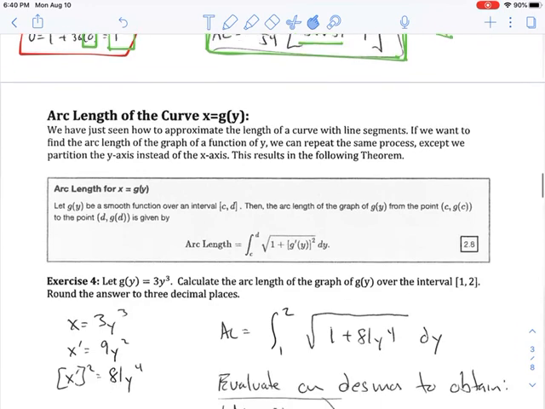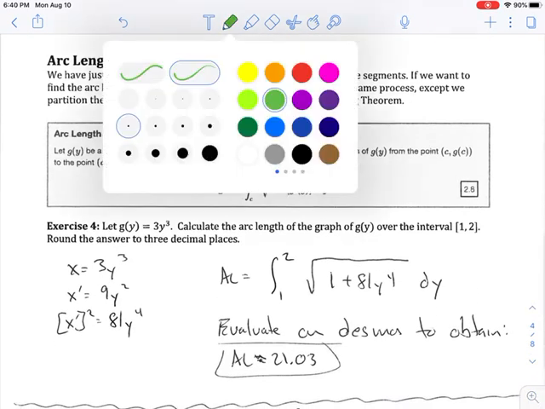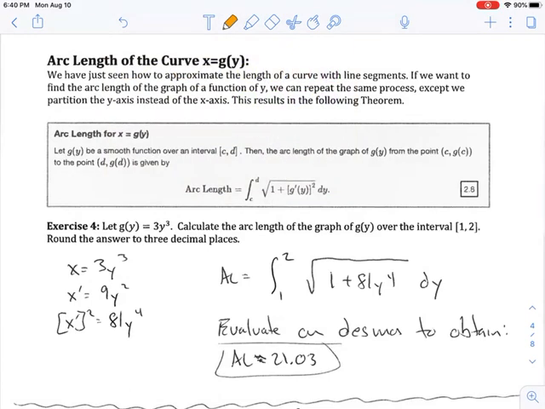Sometimes, as we have done with volumes, we want to work with x as a function of y, rather than y being a function of x. We've seen that numerous times. Well, the formula is the same.